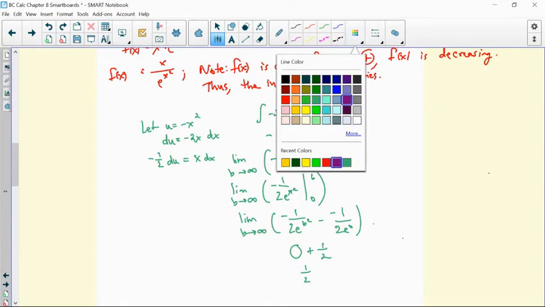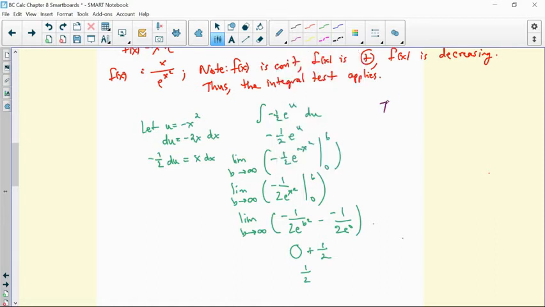Let's go ahead and make our conclusion. So I could say, thus, by the integral test, because we already satisfied the conditions, and you need to write that, by the integral test. Oh my goodness, how messy.